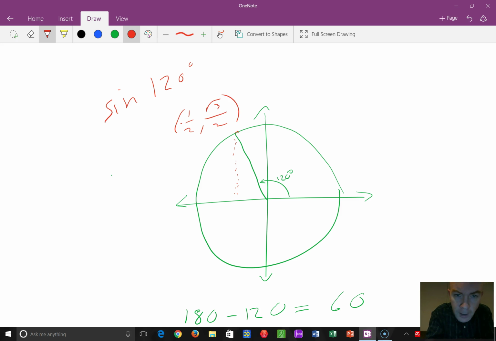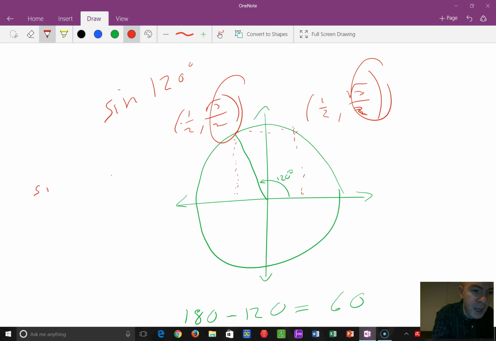That's height. Go over here, and if we look at this side, it's 1/2, square root of 3 over 2. Whoop, that's a 2. These are the same because it is the same height. That is your sine. So the sine of 120 is equal to the sine of 60.